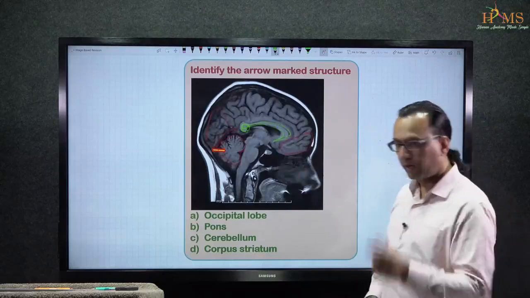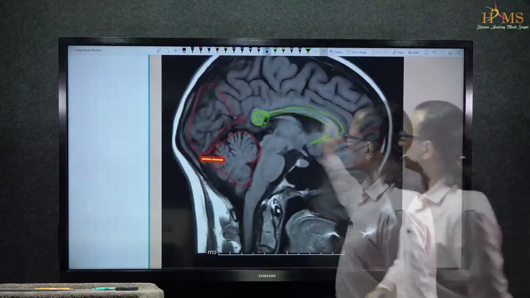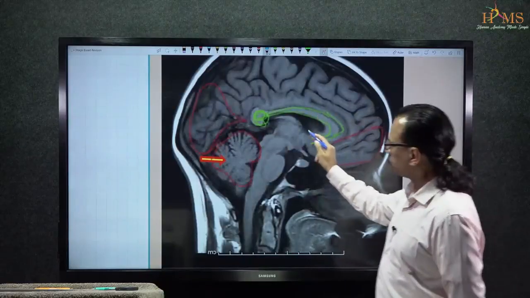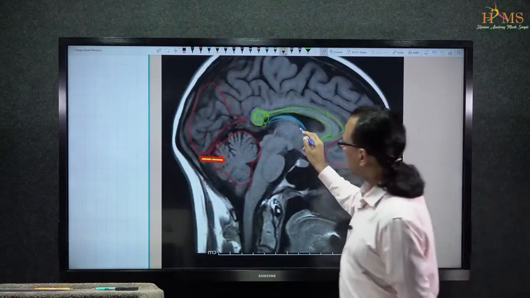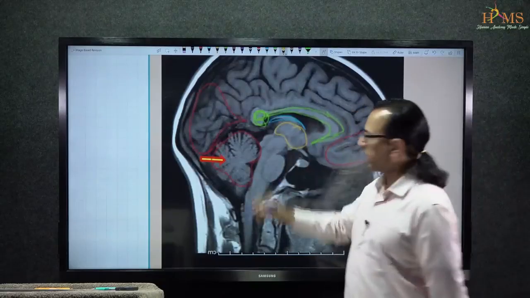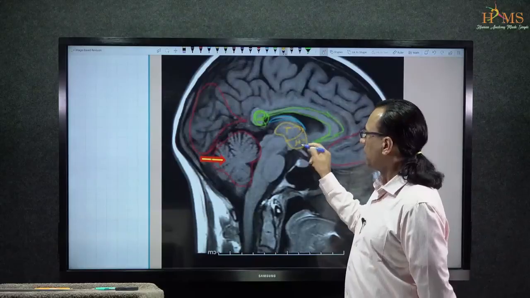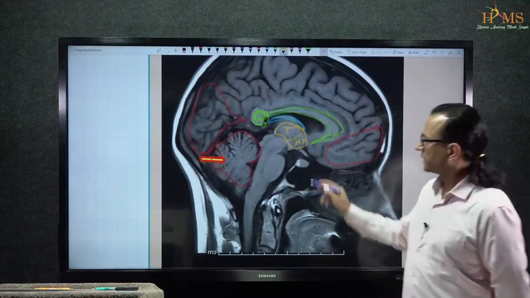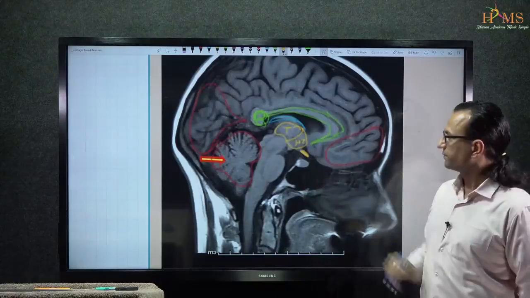As we zoom a little bit more, you can notice here is the corpus callosum, and under that you have the fornix here, and you can also make out the diencephalon part of the brain. Here you will have the thalamus, and below that will be the hypothalamus. This is the optic chiasma. The optic nerve is the nerve of the diencephalon.